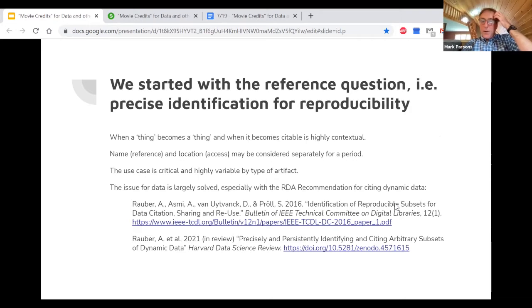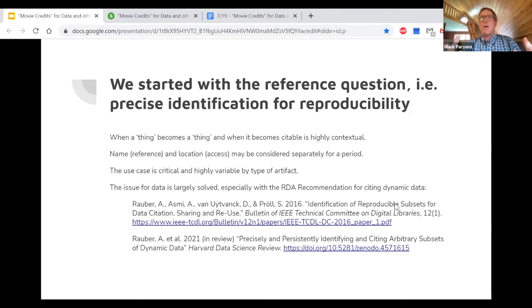So we started by looking at those 5 high-level categories with the reference question. In other words, the precise identification of something, specifically or for trying to accommodate reproducibility, good open science. We asked the question of when something becomes citable.